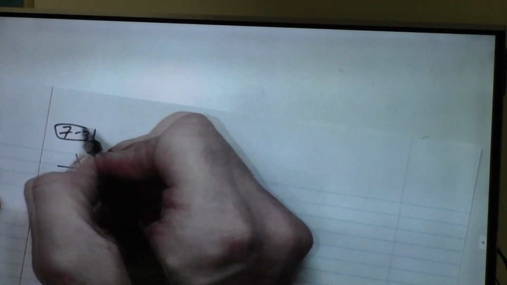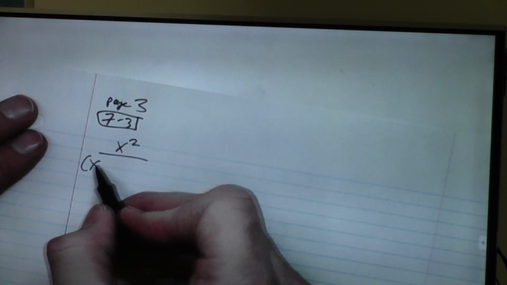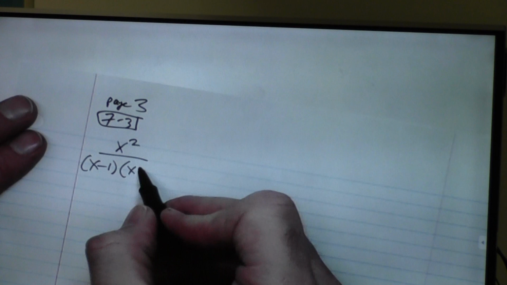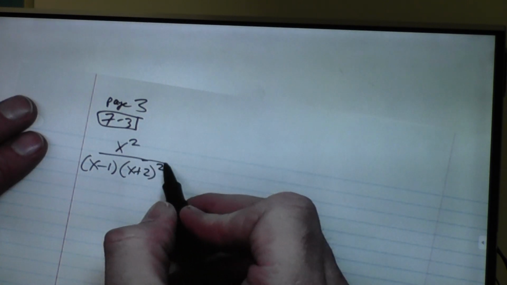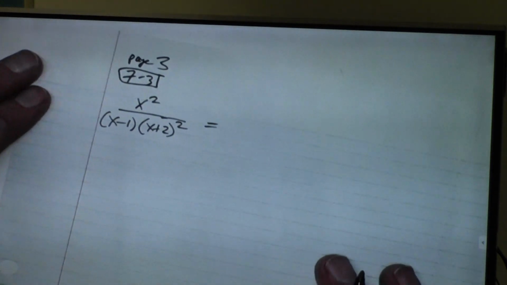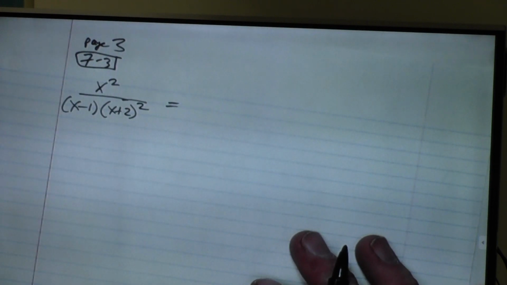Here's one where I'm going to throw in a little bit of a twist. X squared over x minus 1 and x plus 2 squared. So that's the problem we're going to use right now.